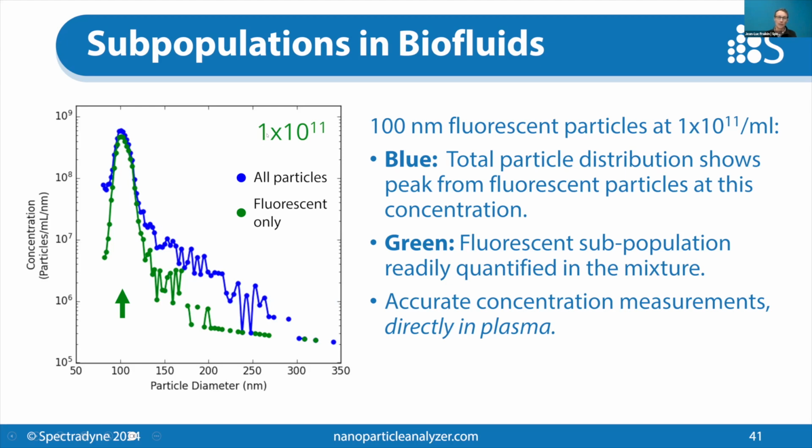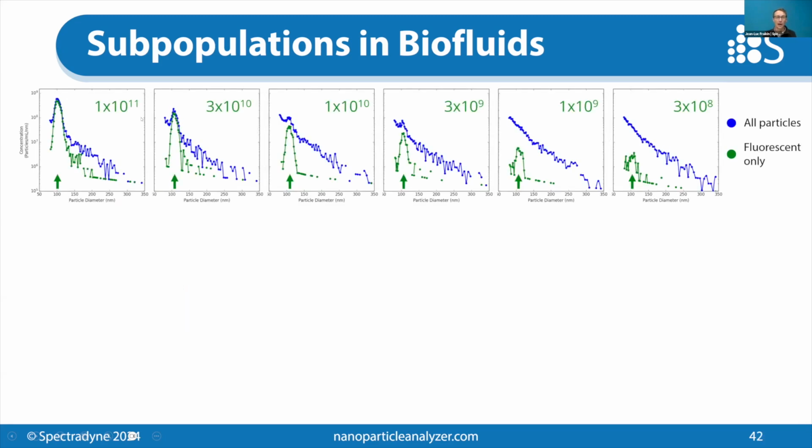And so what you can see is at this very high spike in concentration, the fluorescent particles are prominent enough in the overall size distribution that you can see they form a bump in the overall particle size distribution, right, at 100 nanometers. But as we dilute the fluorescent particles down, you can see that they become less and less of a feature in the overall size distribution until they can no longer be visible. They're a minority population in the mixture, right?